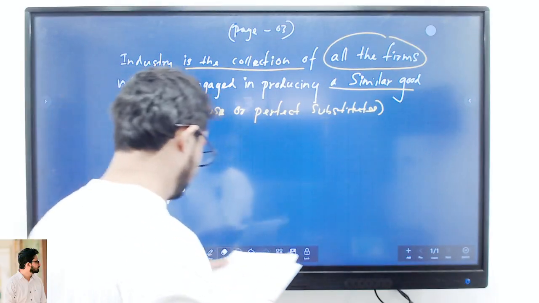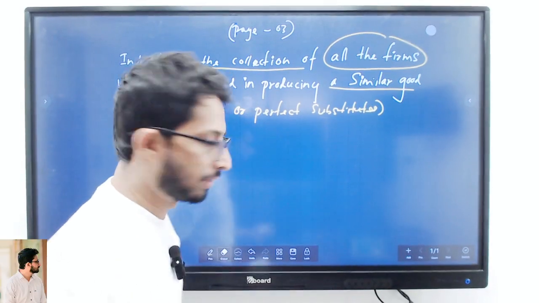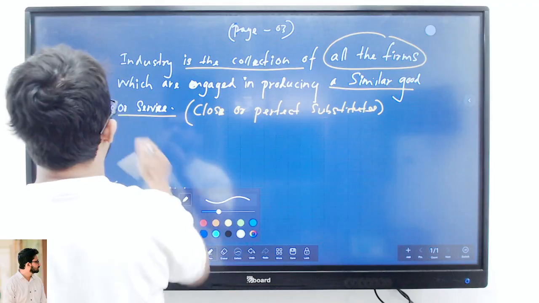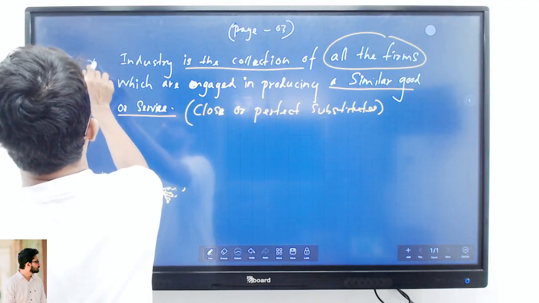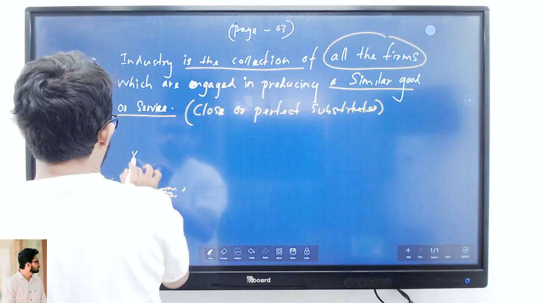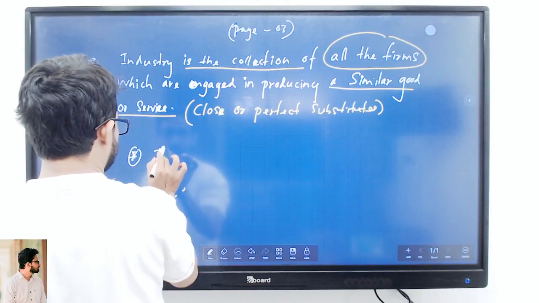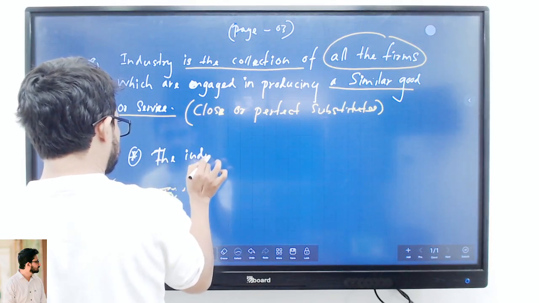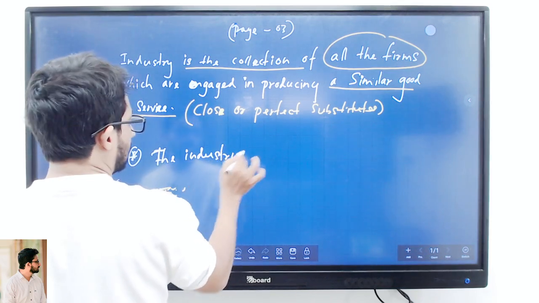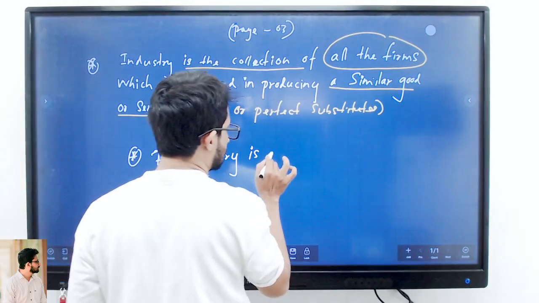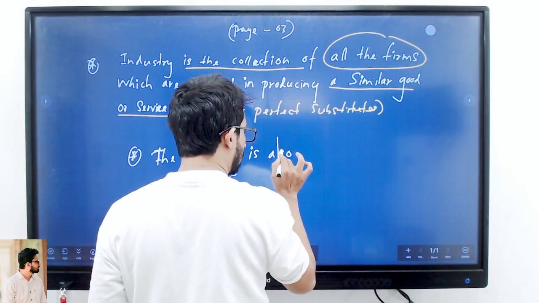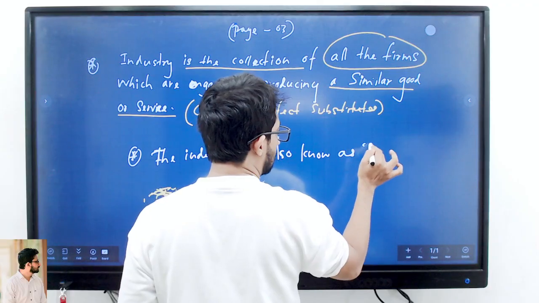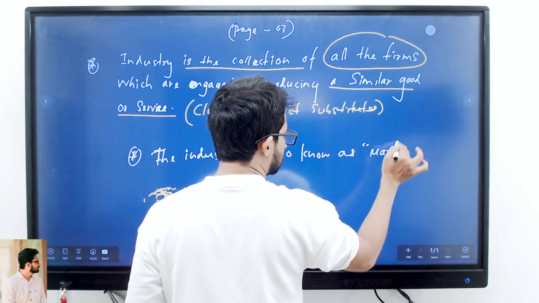Okay. Next point, write down. Second point: the industry is also known as the market.